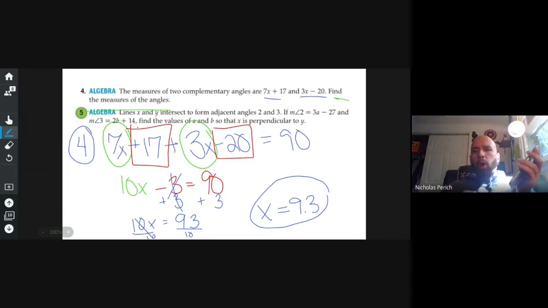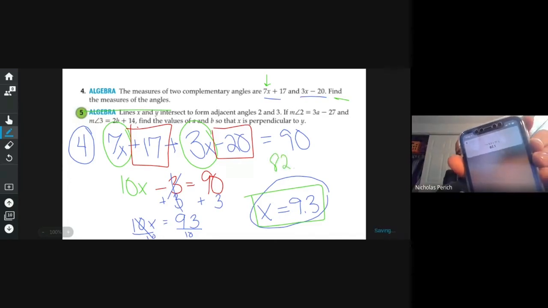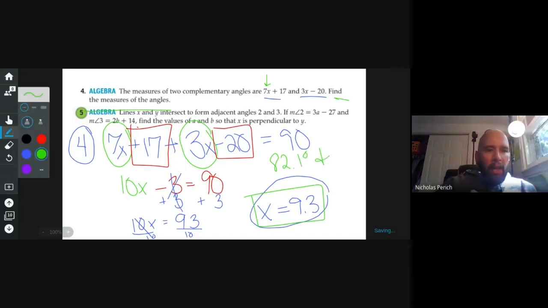If I wanted to find the measure of each angle, which is what I'm supposed to do, then I need to take the fact that x equals 9.3 and plug it into that one. So I can do 7 times 9.3 plus 17. The answer is 82.1. So one of my angles is 82.1 degrees.